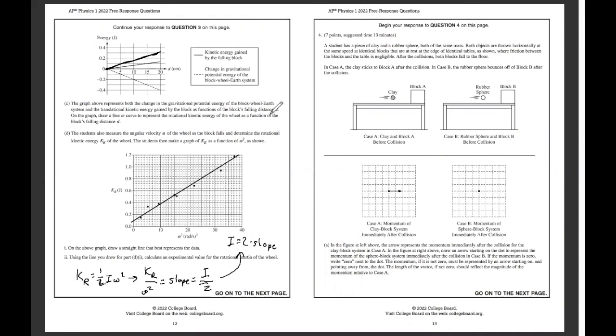And it looks like, let me go ahead and change the color just so you can see this better. It looks like this point right here and this point right here seem like they're going to do that. Okay, so that is at 15 for omega squared. And let's see, 1, 2, 3, 4, 5. So that's going to be at 0.52 joules.